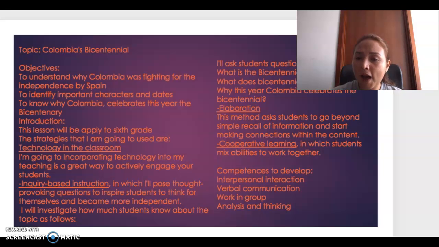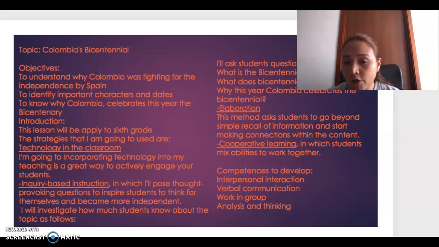For this lesson plan, I apply some strategies. Technology, of course, the technology in the classroom strategy. Inquiry-based instruction, in which I will investigate how much the students know about the topic.